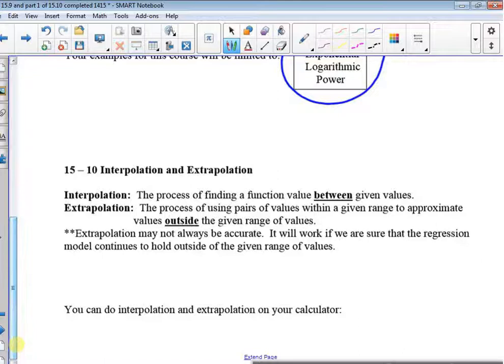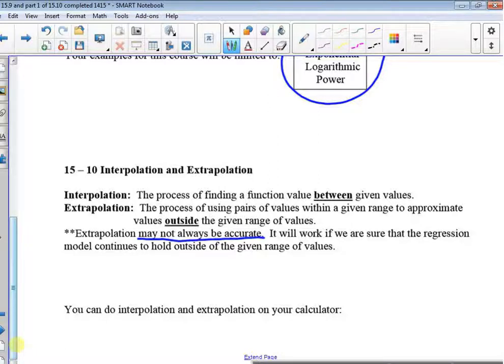So we're now going to talk about interpolation and extrapolation. So interpolation is the process of finding a function value between the given values. Extrapolation is when you have your data, but maybe you want to make predictions outside of your range of data. Sometimes extrapolation may not always be accurate because something that happened so many years ago and then you're going to predict the future, a lot of things could have changed.